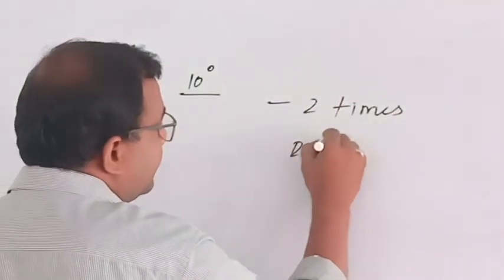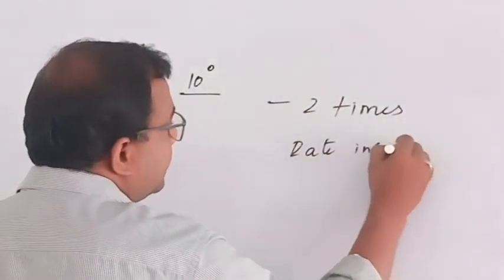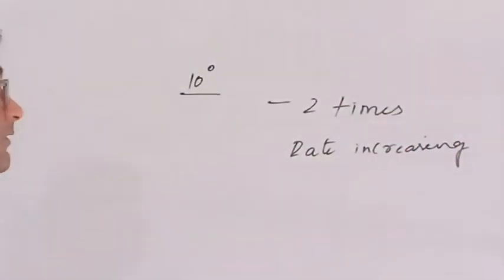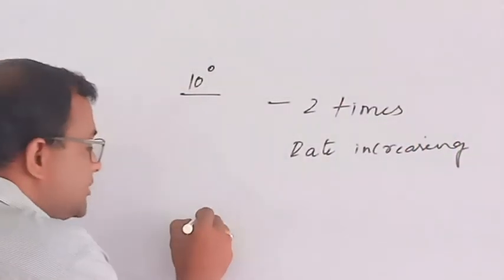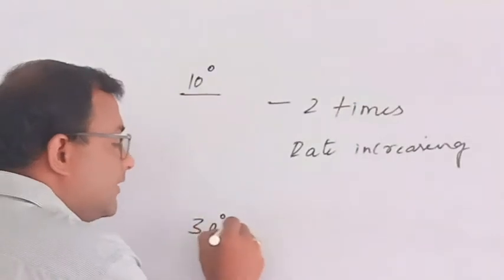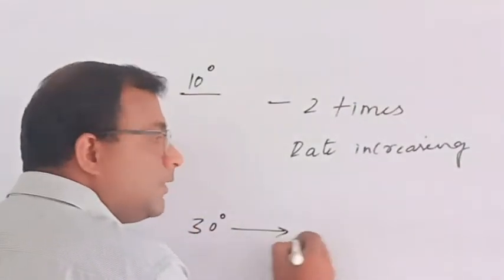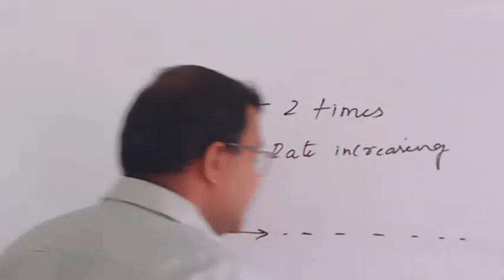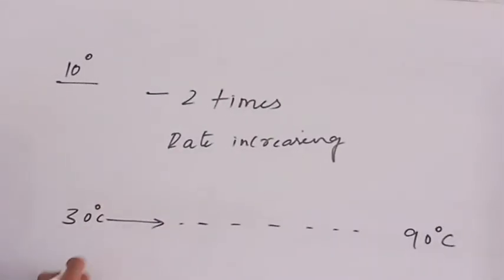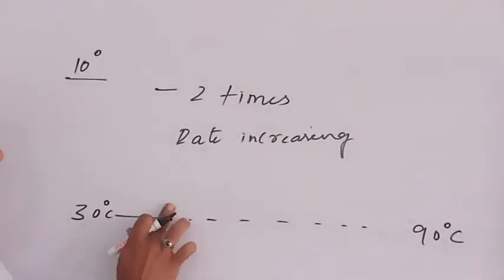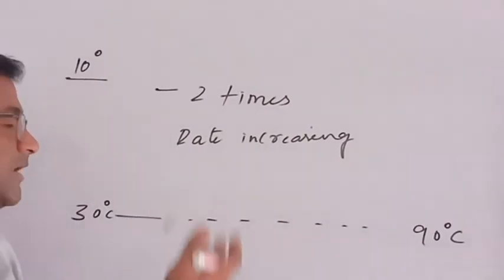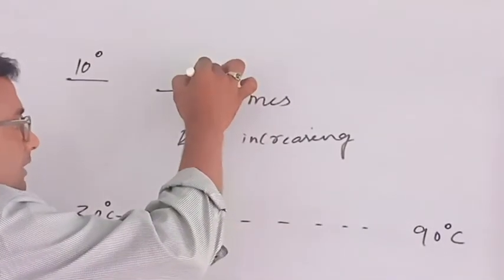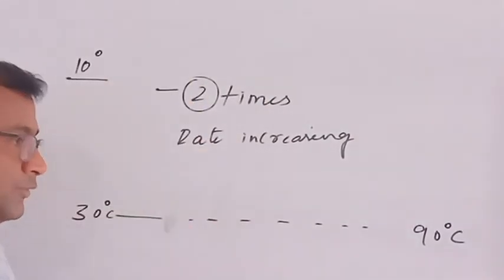Initially it was 30 degrees, and it changes to 90 degrees Celsius. When the temperature changes from 30 to 90 degrees, how many times does the rate increase, where the temperature coefficient is given as 2?